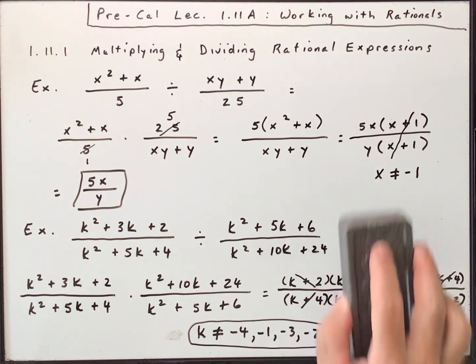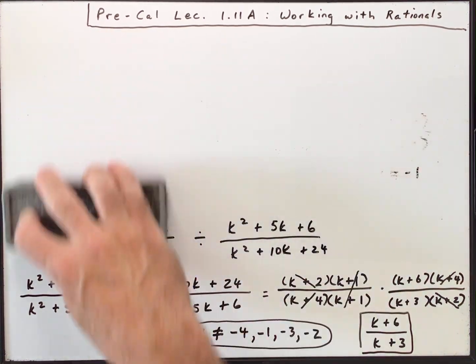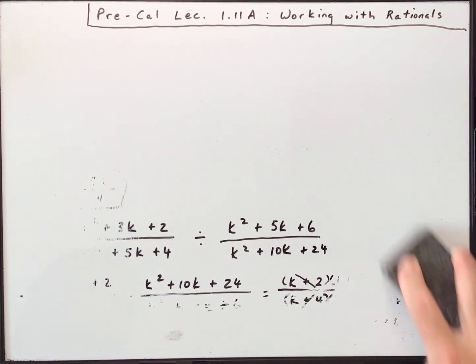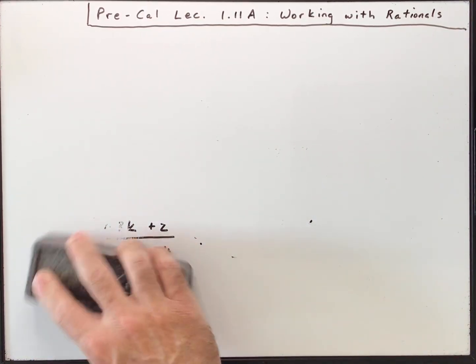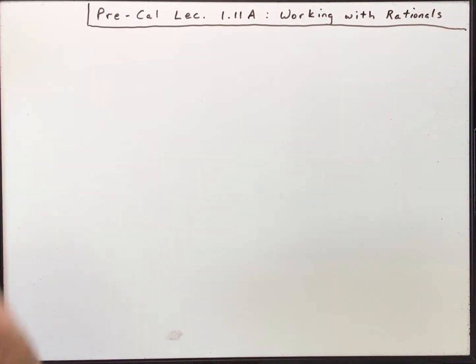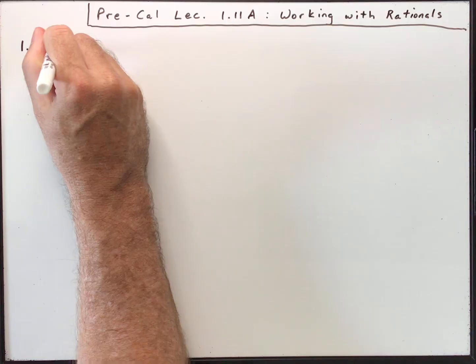Okay, so you can fast forward through this part if you want. Our next section's 1.11.2. Well, this one's a little bit fancier.